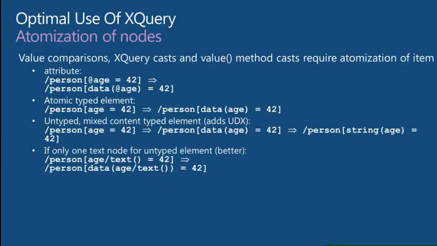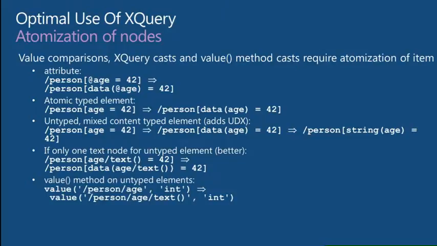So if I only have a single text node, and I know that, even though I don't have a schema, I can write the same query expression as age, give me text, equals 42. In that case, I basically avoid the aggregation because I just access the node itself directly that contains the value. And so this expression, similar to the ones above, can be served directly out of the index again without the need for doing that UDX.